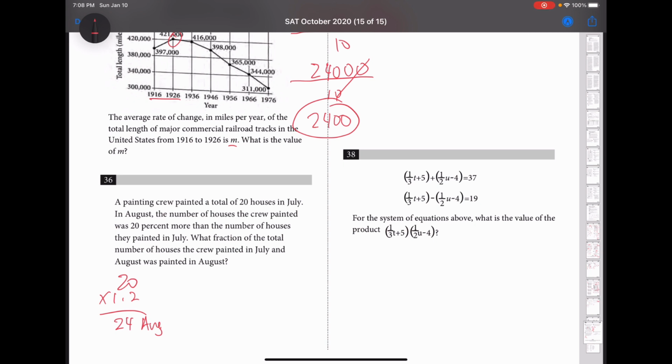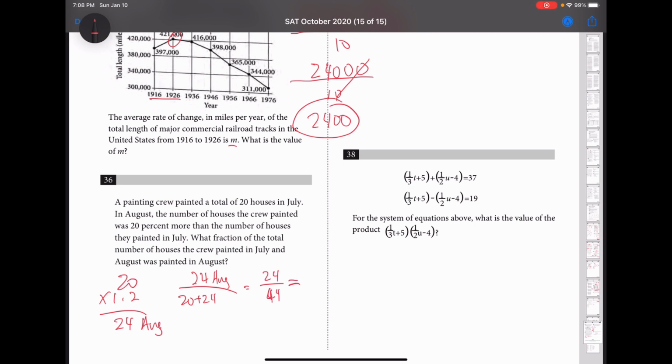And then it says, what fraction of the total number of houses the crew painted in July and August were painted in August? So they painted 24 houses in August. And the total number of houses they painted in both July and August was 20 plus 24. So we get 24 over 44.